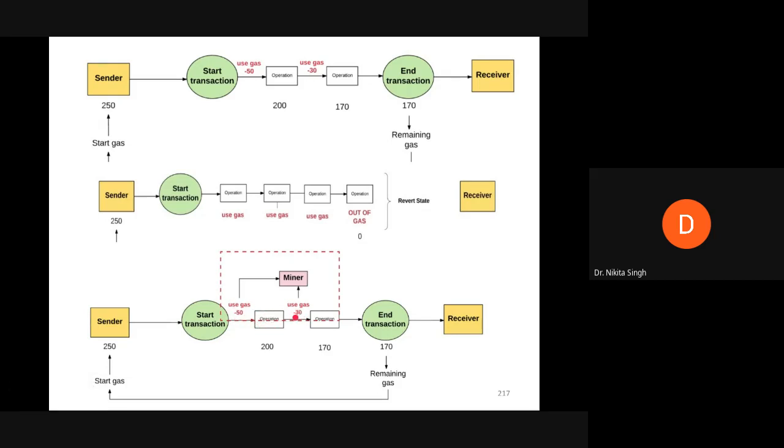For this operation, it used a gas amount of 30. And all of this goes to the miner. The remaining 50 plus 30, which is 80, the remaining gas is sent back to the initiator or the sender of the transaction. So this is all about gas and payments.